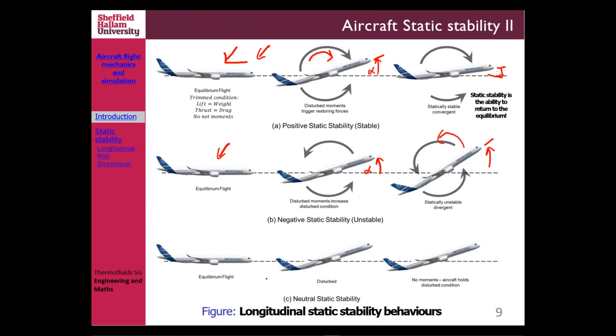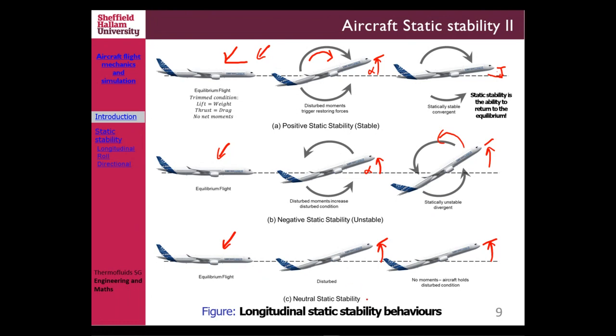But of course, there will be a condition where you're initially in equilibrium flight, and then your aircraft is disturbed and your angle of attack increases, but your aircraft will stay in that direction until something is done by the pilot, either to push it back downward by pushing the joystick or the control column.